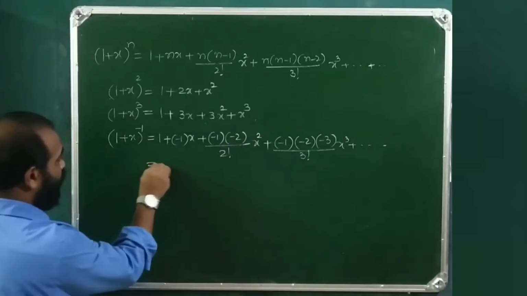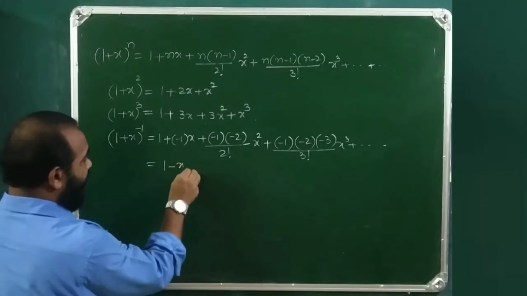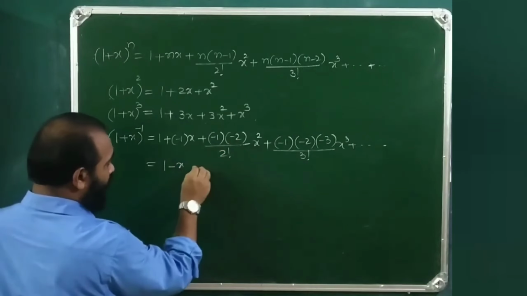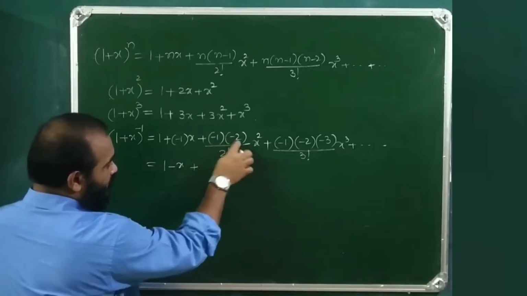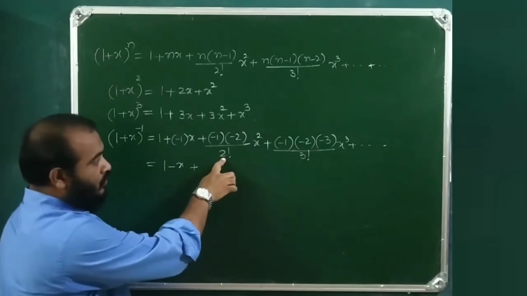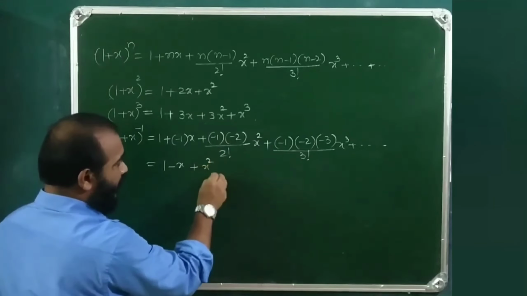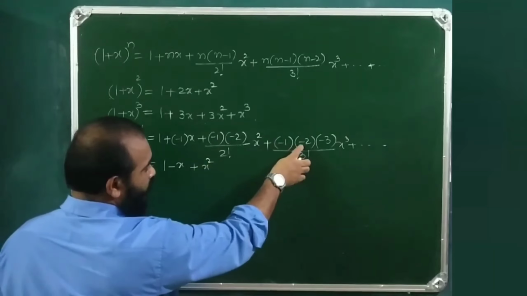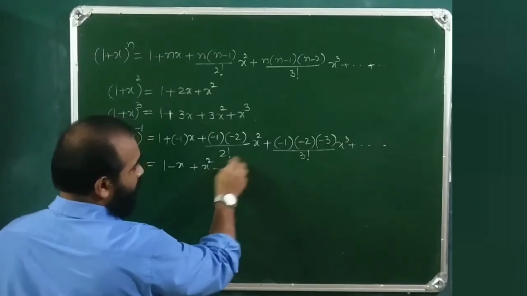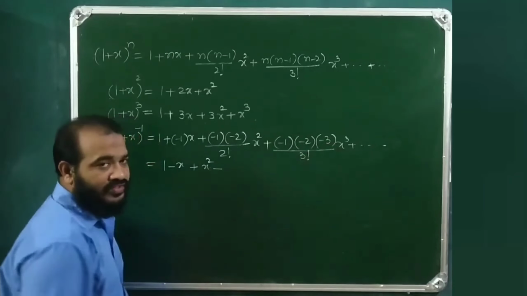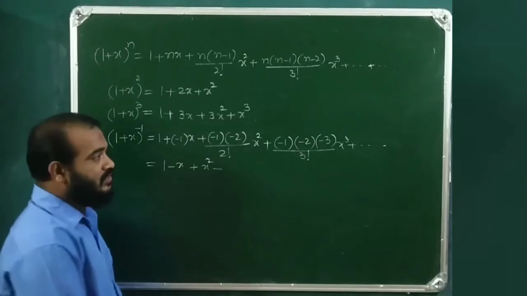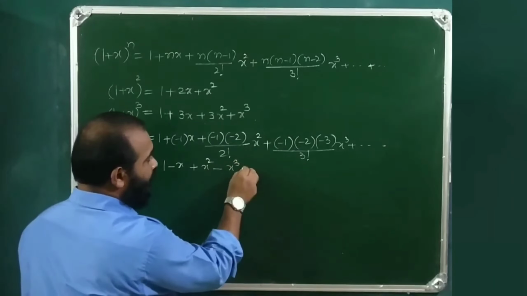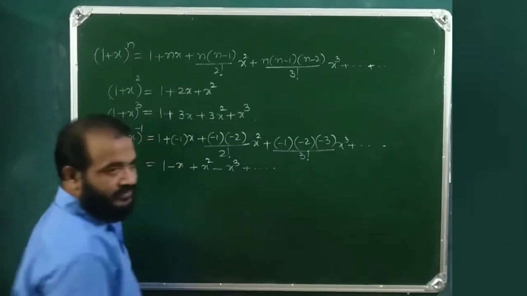So this equals 1 - x + x^2 - x^3 and so on, since 2 factorial is 2 and 3 factorial is 3 into 2 into 1, so the coefficients cancel to 1.